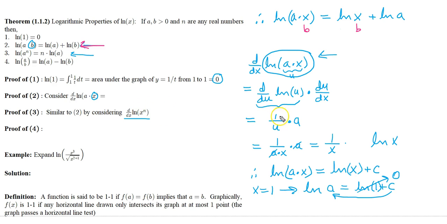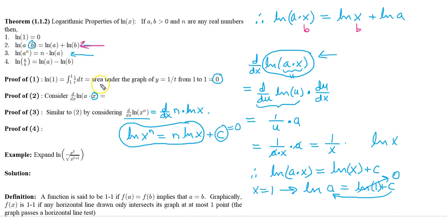And I'm not going to go through all the details like I did over here, but you'll be able to show that this is equal to the derivative, and then once you have this statement, you can conclude that. And then you can reason by putting 1 in for x that the c is actually equal to 0. And then you'll obtain this result right here.